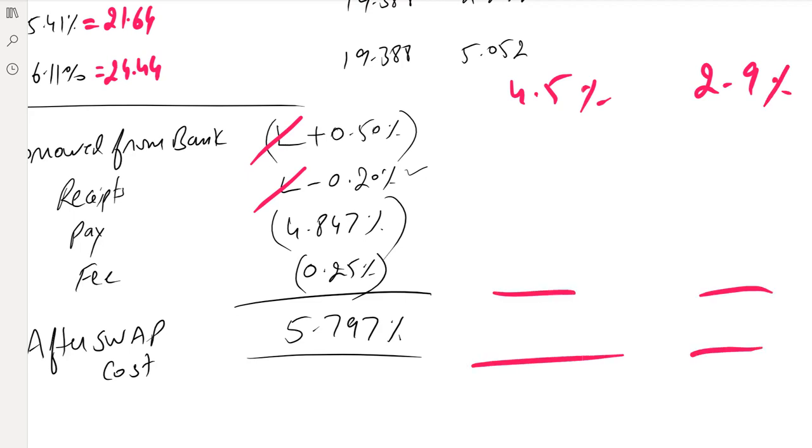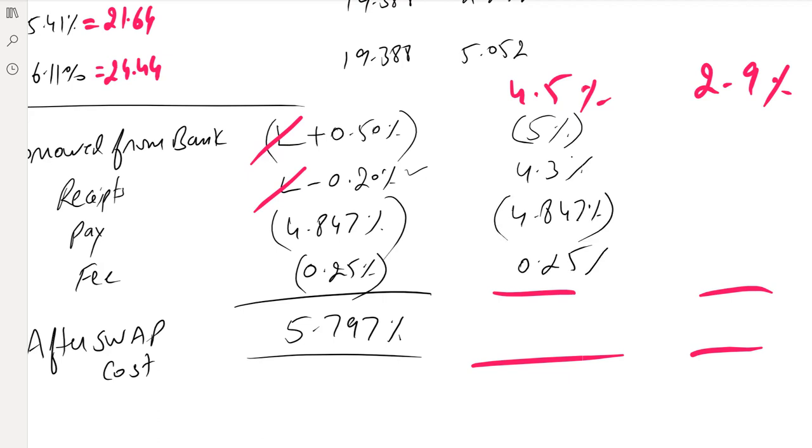Like if interest rate moves to 4.5, that means LIBOR plus 0.5 means we have to pay the 5, and we will receive 4.3%. We have to pay 4.847. We have to pay the fee. Net cost will be 5.79%. The same is the case here.